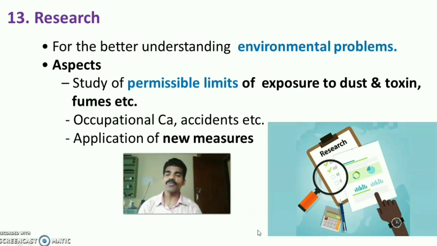Then application of new measures based on the research. Then application of evidence-based practice in the factory and industry, that is, application of new measures in the industry for the prevention and control of occupational diseases and other occupation-related problems.